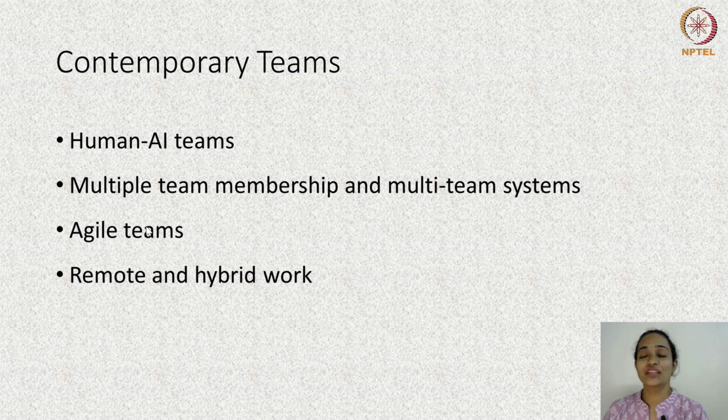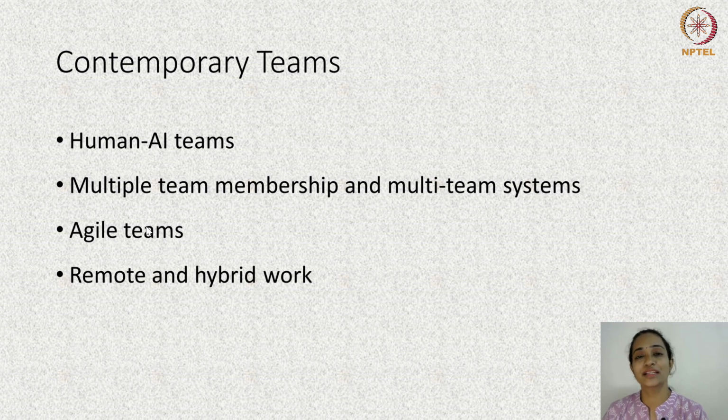That is, with the introduction of artificial intelligence as an active team member into the team, we would get human AI teams. If we change the input in terms of team structure by giving people membership in multiple teams, what we get is multiple team membership and multi-team systems. Multi-team systems are also heavily reliant on different technological factors which basically changes the way the team processes happen.